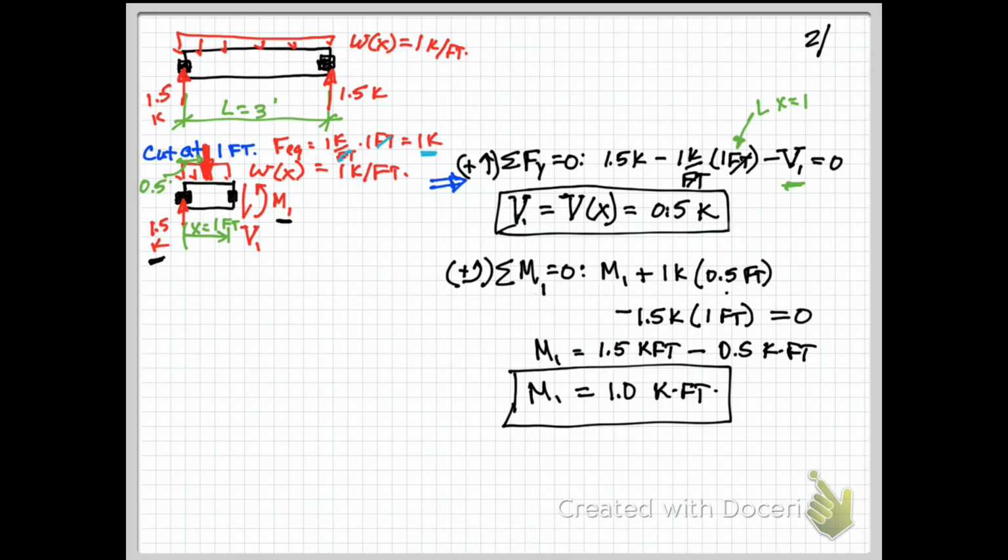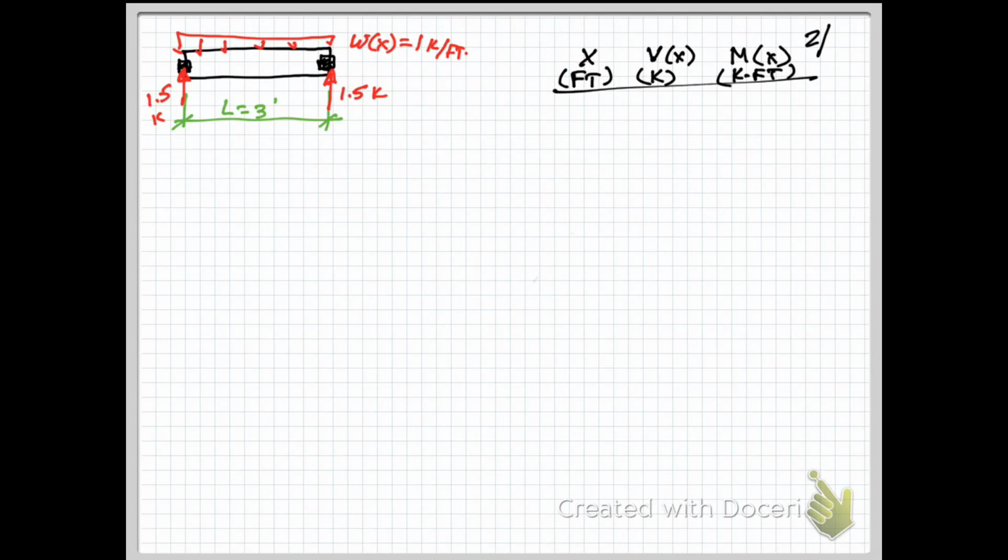We can do this again at any section, so let's pick x equals 1.5. It might make sense for us to go ahead and tabulate the values that we just completed. And so we can get started with cutting the beam.